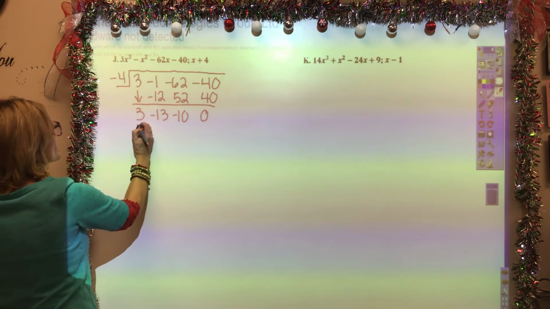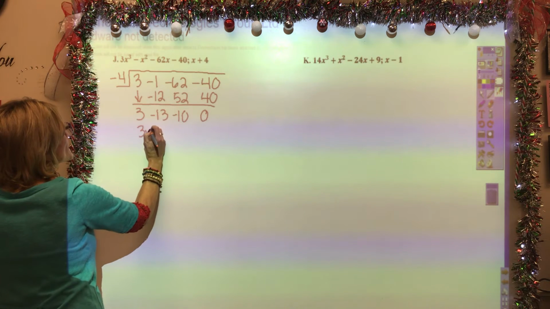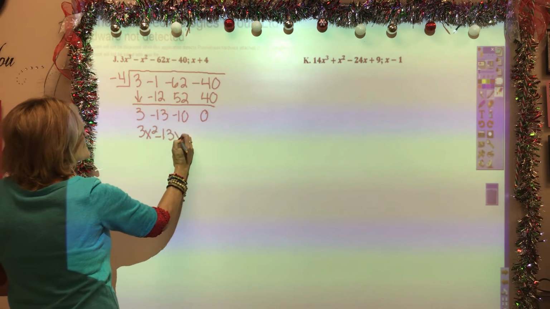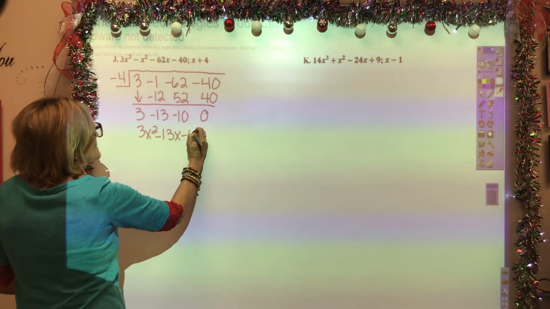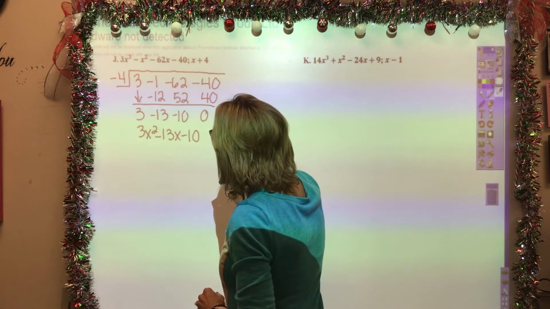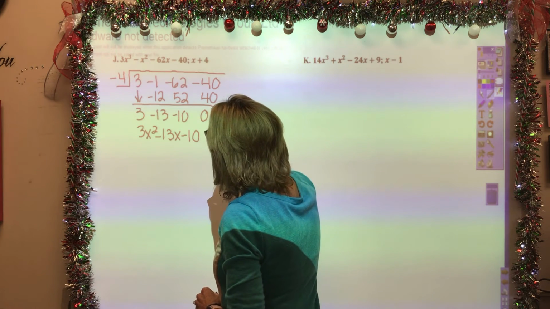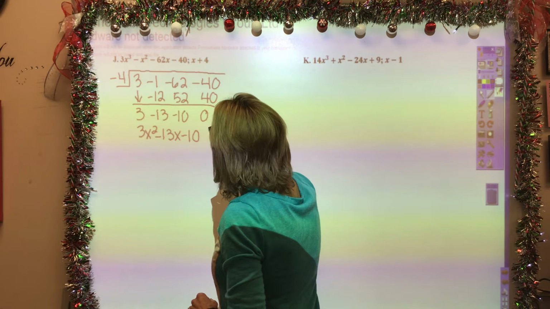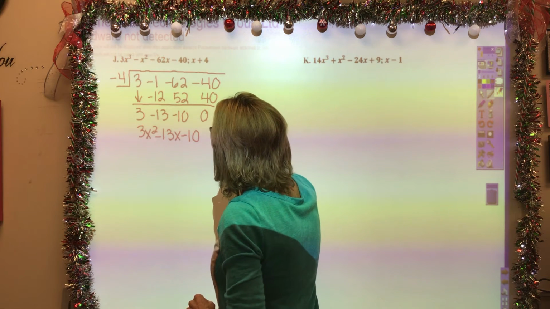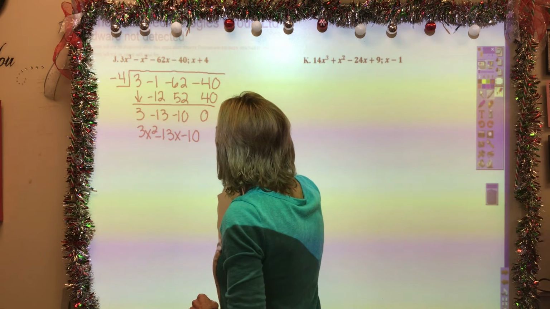We bring our powers down by 1, so we have 3x squared minus 13x minus 10. I'll just write them up here. A is 3, B is negative 13, and C is negative 10.